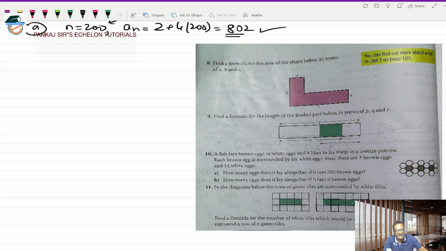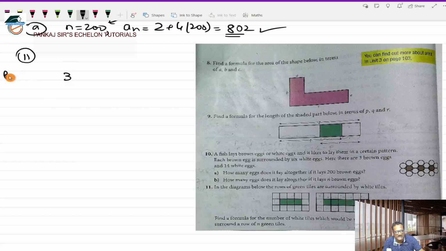Question number 11 is similar to question number 10. Now what it says is, in the diagram below, the rows of green tiles surrounded by white tiles are shown. Can you see in the first diagram the number of green tiles is 3.